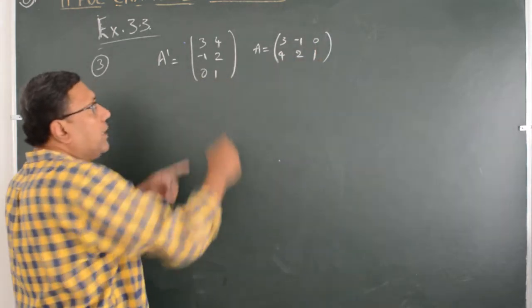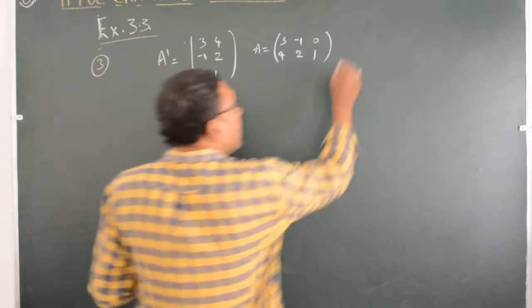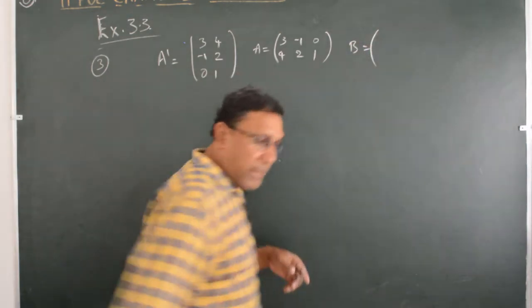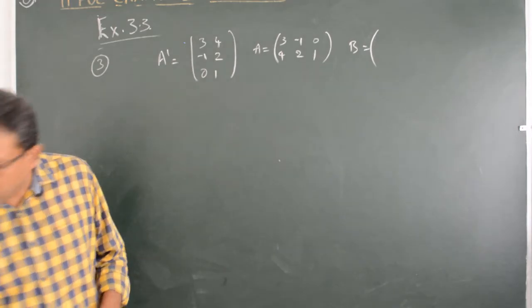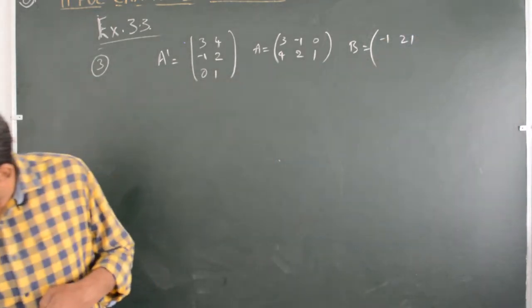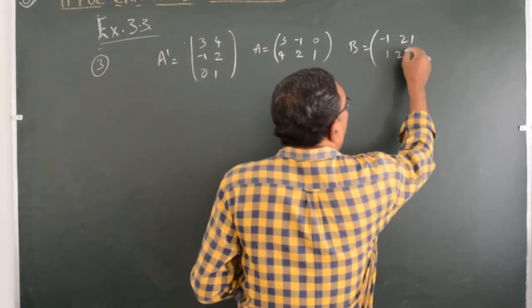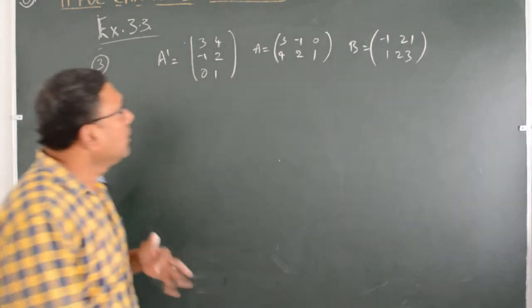What is given is A transpose and we have also given B. B is what? Minus 1, 2, 1, 1, 2, 3. The question we have got in two parts.